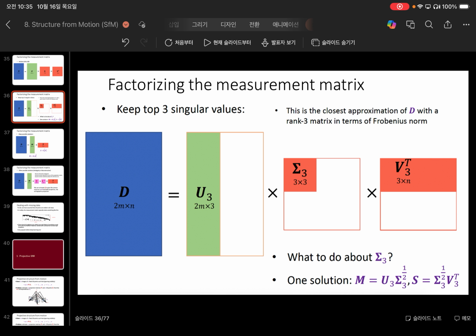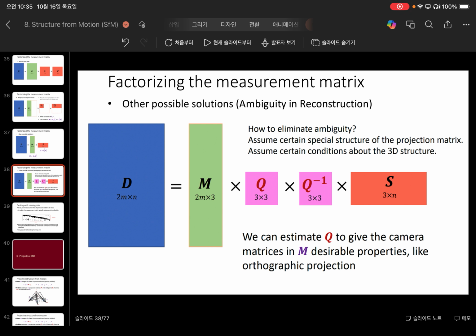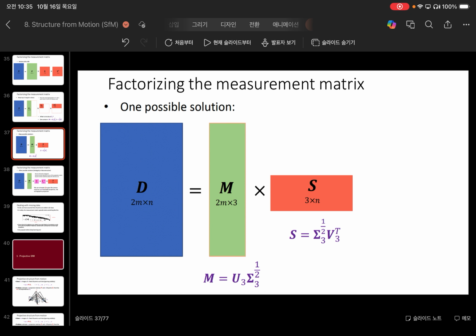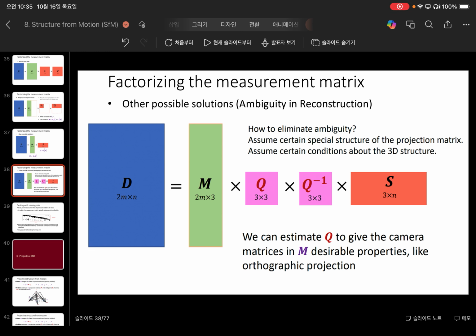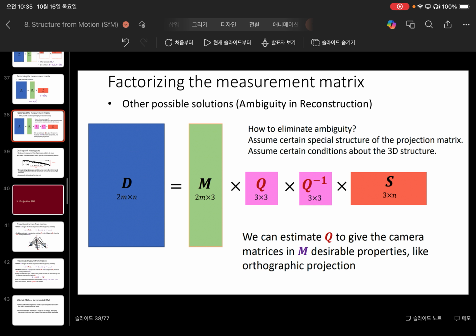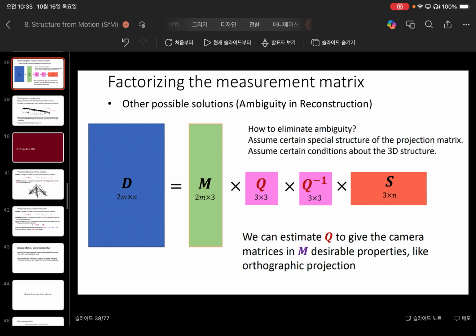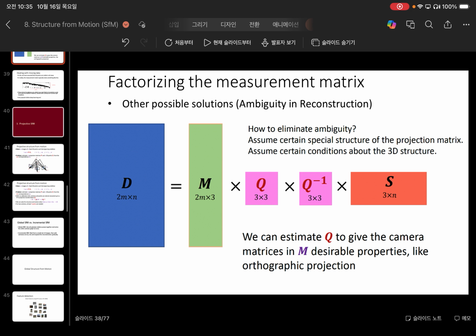We can decompose the matrix into 3 items, and then there can be many solutions. Like here, Q can be an arbitrary matrix. So this mathematically shows where the ambiguity comes from. And the affine SfM tries to relieve this ambiguity by approximating the camera as an affine projection.